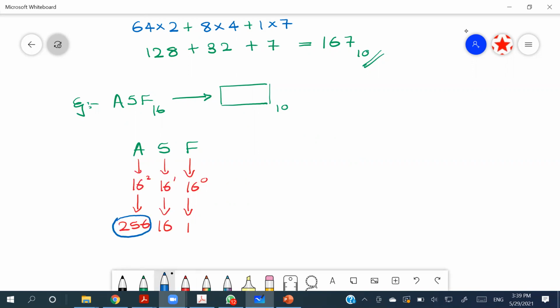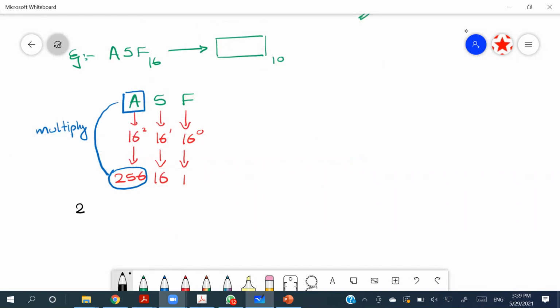Take the place value, consider the symbol value, and multiply. So that's going to give you 256 into 10, because A means 10, right? And 16 into 5, 1 into 15, because F means 15, right? Then we are going to add these things up.